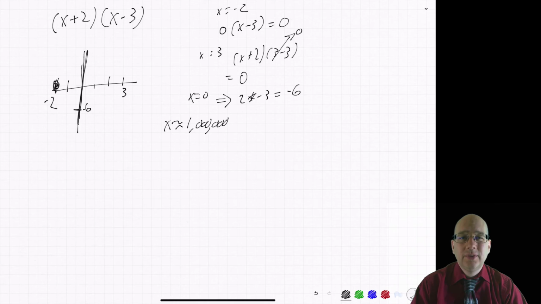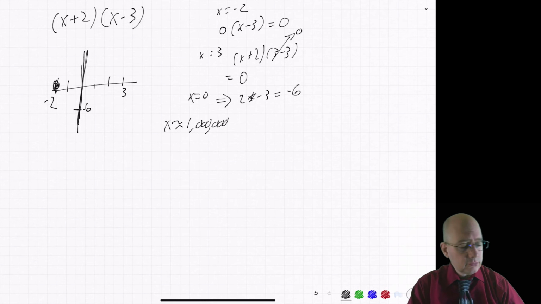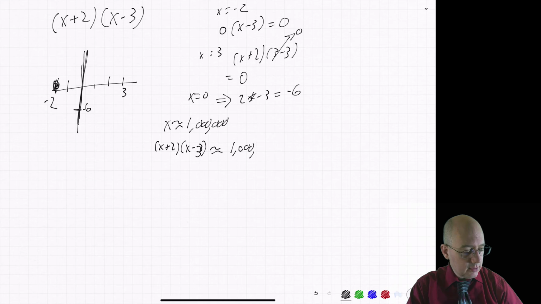You have $1 million. You can't do that forever, of course, but it would take a very long time before subtracting 3 from 1 million would get you anywhere. That means that this thing, x plus 2 times x minus 3, is approximately 1 million squared. Very large. So it's way up here.